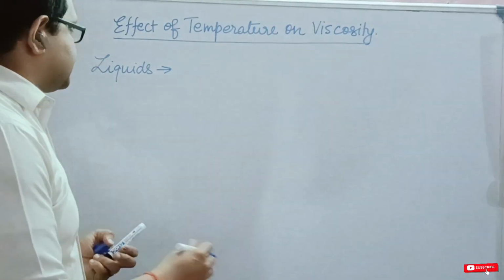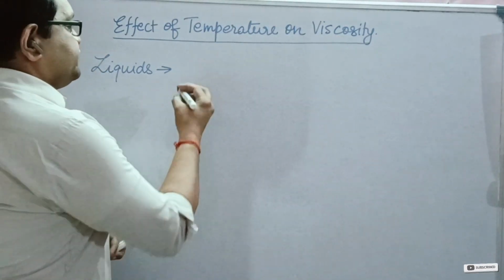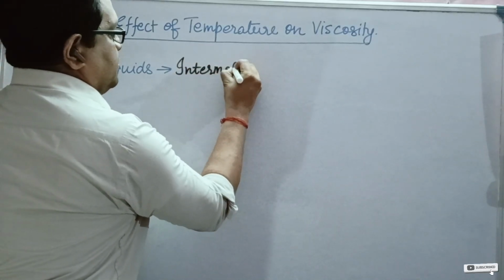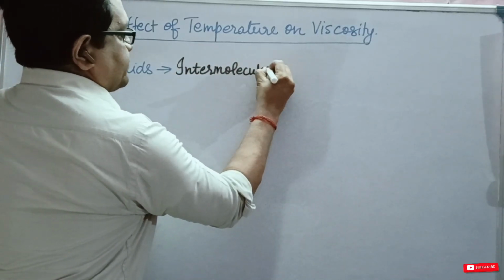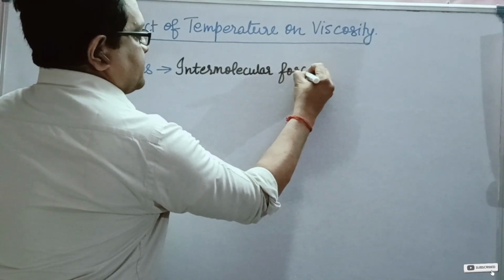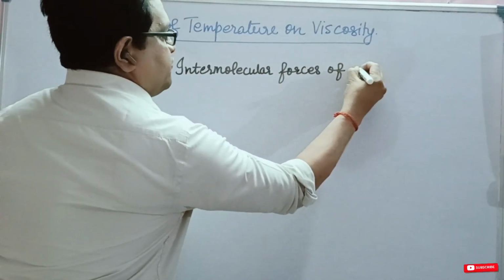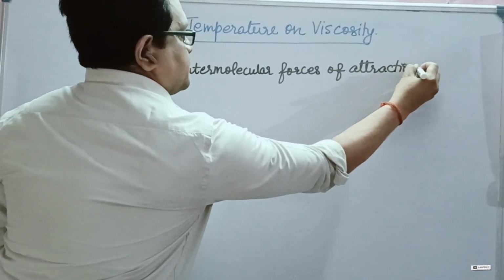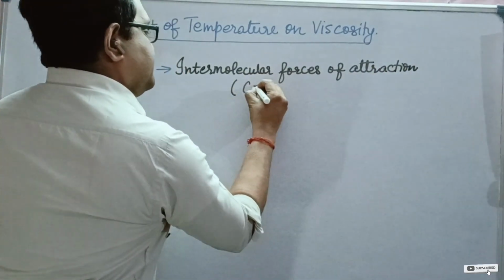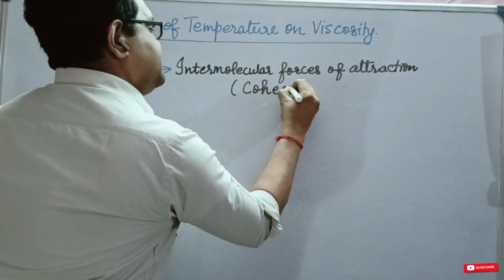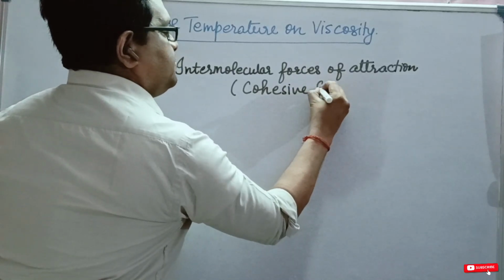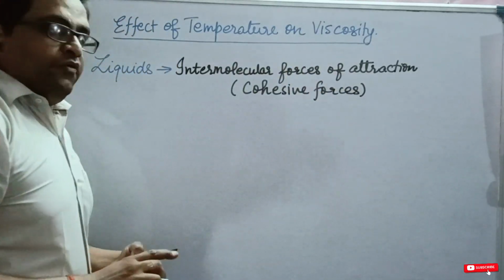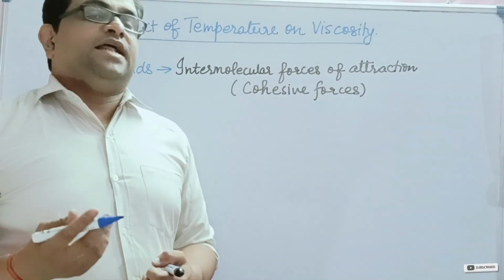So for liquids we have intermolecular forces of attraction, or simply we will say that it is because of the cohesive forces between the molecules. Whereas in case of gases, it is rather caused by molecular collision.